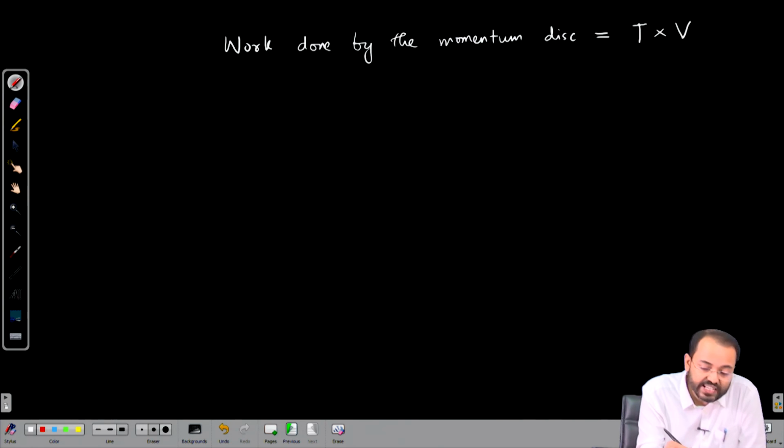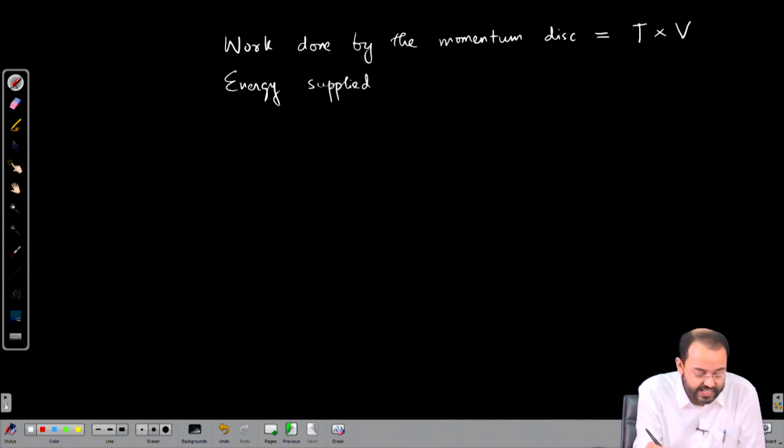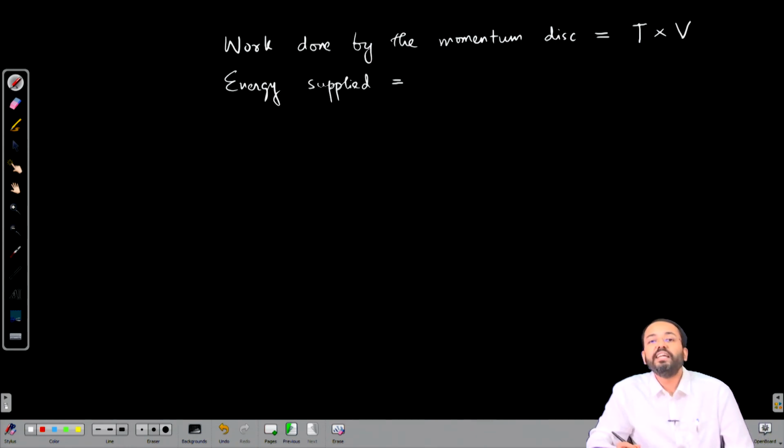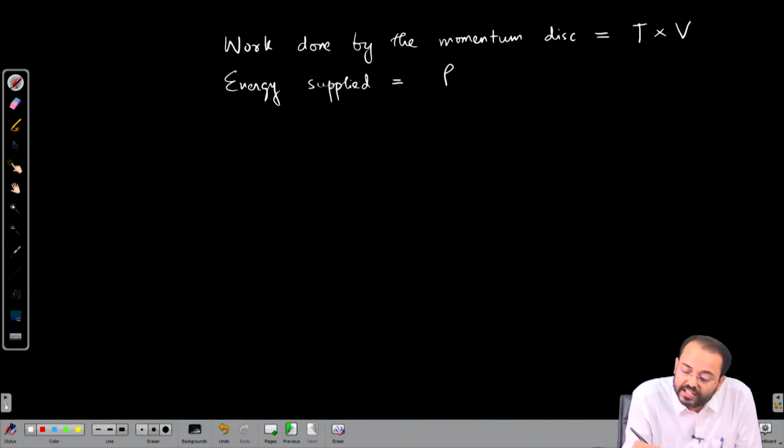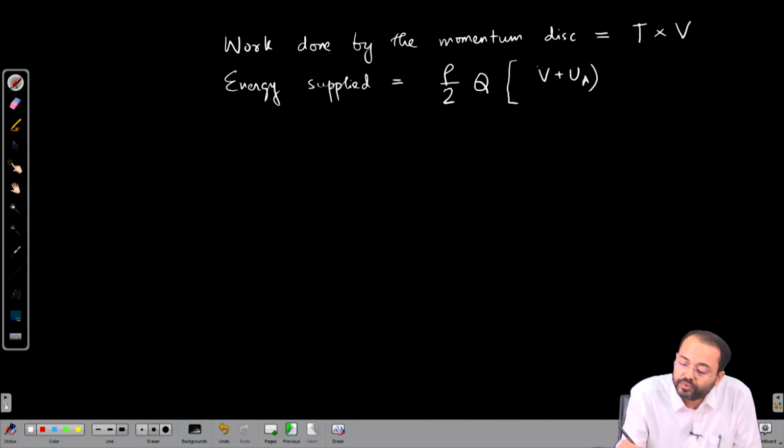Now, what is the energy supplied? Energy supplied is basically the difference of the kinetic energy at the outlet minus the inlet. So, that means rho by 2 into Q, where Q is the volume flow rate, into (V plus UA) whole square.